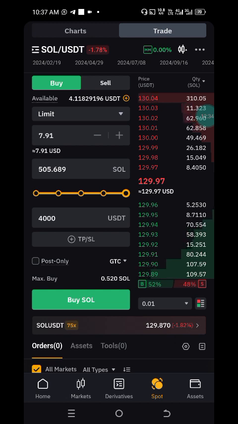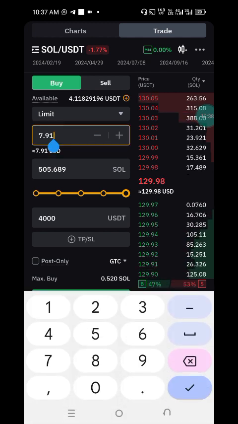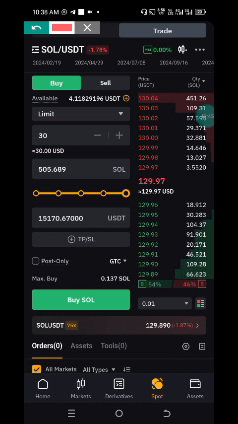Let's say the price of Solana now is around $30. As Solana goes back to just $30, not 260, as far as you bought it at that price of 260, I believe it must come back to that portion. But now you buy the dip for 4,000.